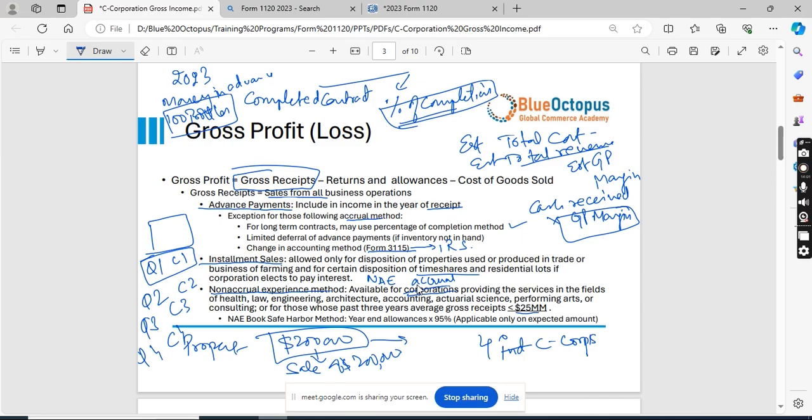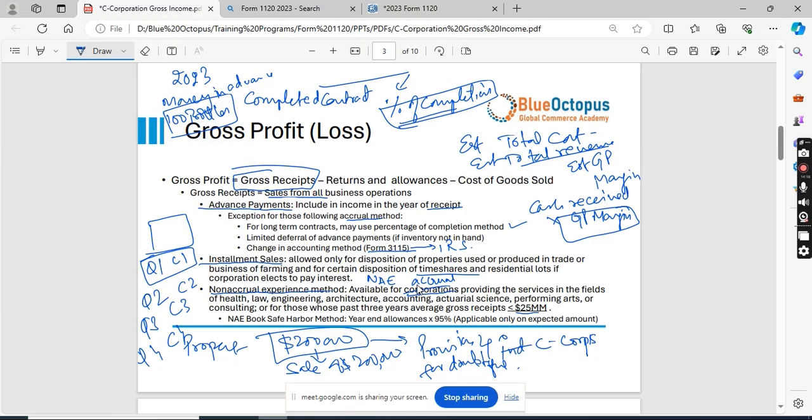Generally, provision for doubtful debt is not allowed, but for these companies following this rule, they may take provision for doubtful debt as a bad debt expense in their books.